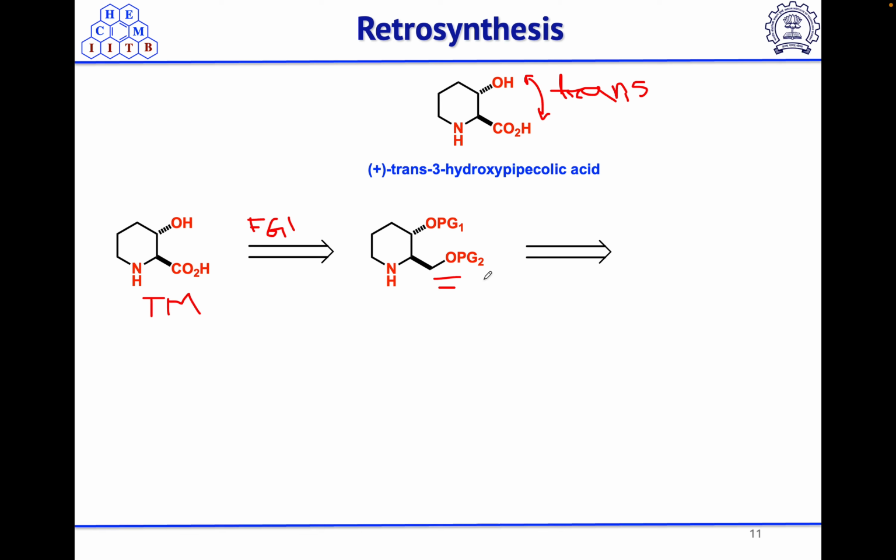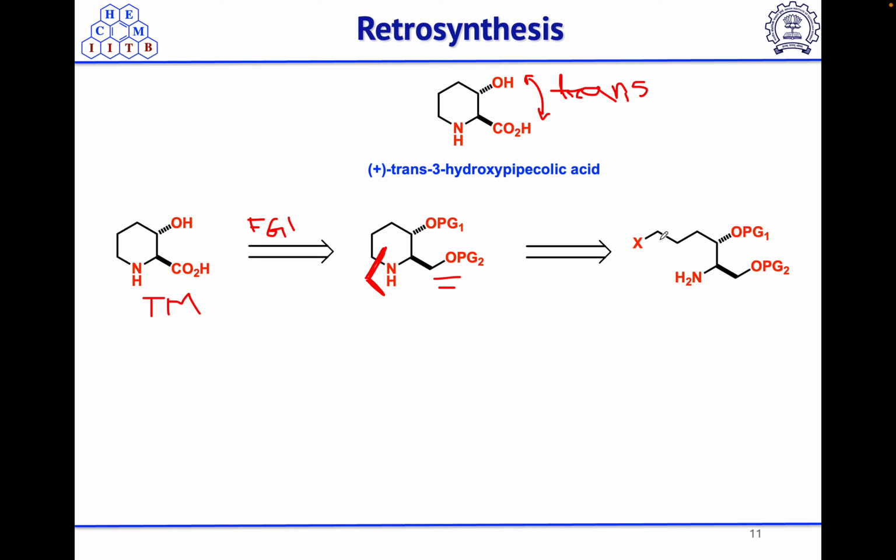Now this compound, from where can we get it? This could be obtained from the corresponding halide via a CN bond disconnection approach. By a simple SN2 reaction, we will get this six member ring.